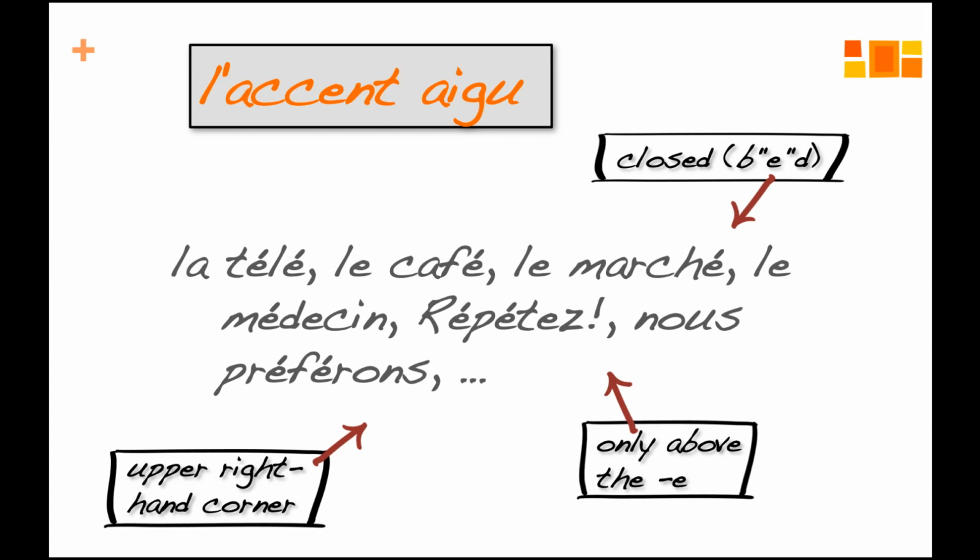But bed is close enough. It is that sound that you have in bed. Just close it a bit more. La télé, le café, le marché, le médecin. So, accent aigu goes towards the upper right-hand corner. You'll only find it above the E, and it tells you how to pronounce that sound with a closed, very clear E. La télé, le café, le marché.